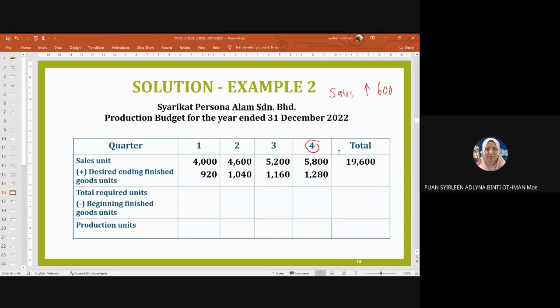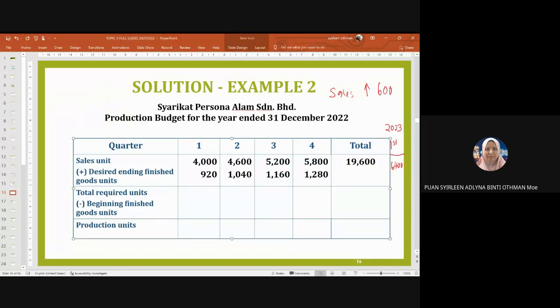Kalau you just salin saja jawapan madam 1,280, bila you tengok balik macam mana you kira, you tak faham macam mana saya dapat. That's why budget awak kena tengok betul-betul. So the first quarter here will be 6,400. So yang ni is actually 20% from 6,400. So now I dah ada sales unit 19,600.